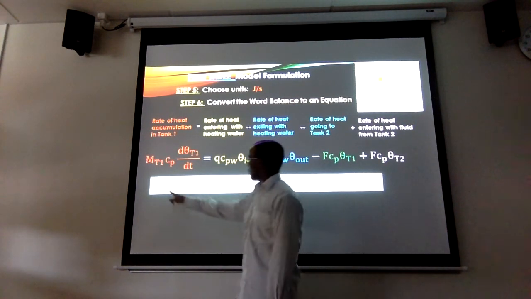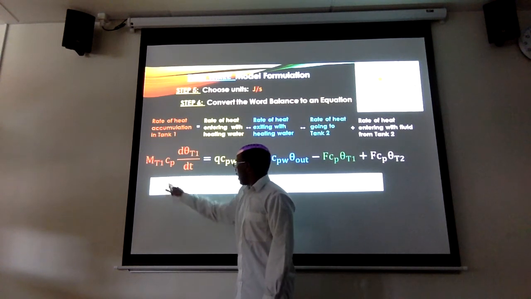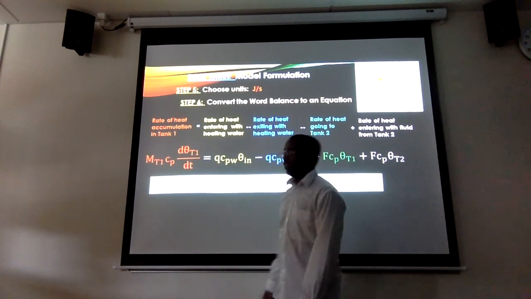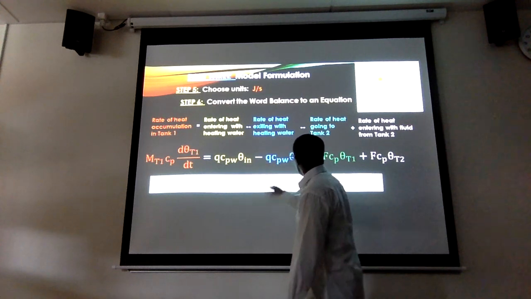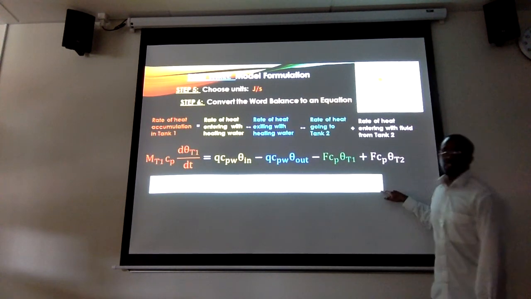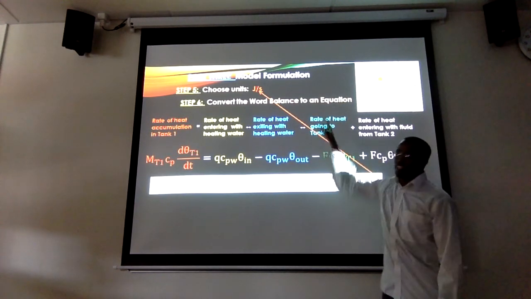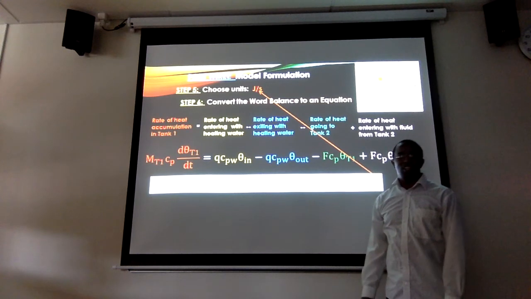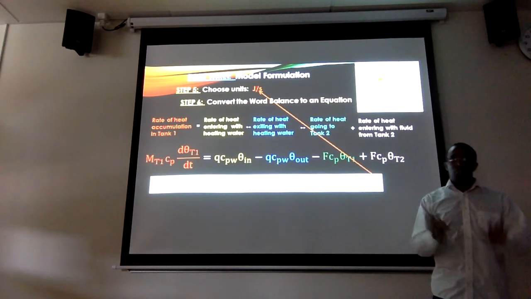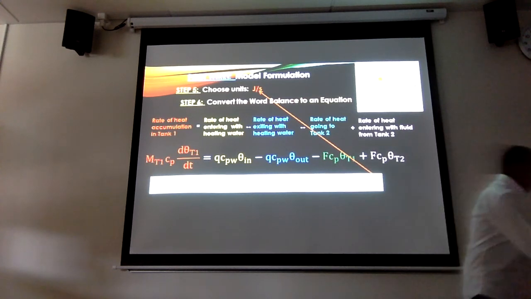So you can see that kgs cancel with kg, degrees cancel with degree, and you get joules per second. You do the same for this, and this, and this, and you end up with joules per second. And behold, that's exactly the same as what we chose. If it's different, that means your equation is wrong, and you need to reformulate it. Okay. Next step.